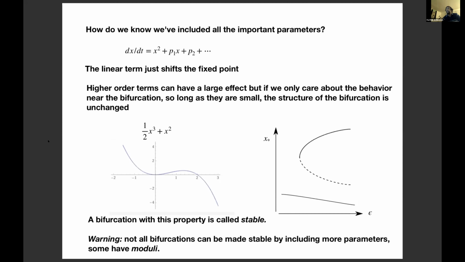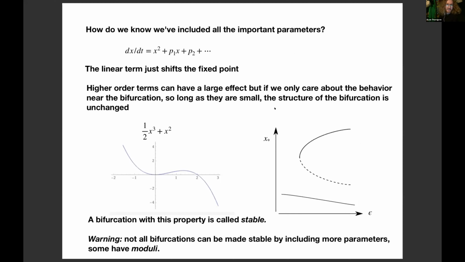Okay, so this notion of stability is very important. As you can imagine, it's quite hard to prove stability, because we have to say that anything we add to x squared plus p doesn't change the topological properties of the bifurcation diagram. Now, you might imagine that for any x to the n we write down, we can add the missing polynomial terms of lower degree and get a stable bifurcation, and that's true.